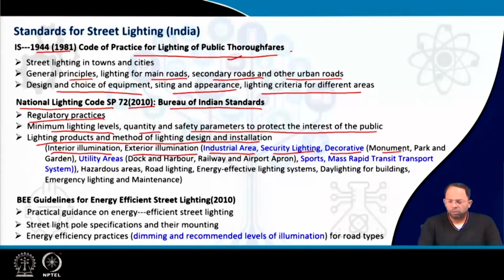Suppose you want to light up a monument or a park or a garden, what sort of lighting needs to be provided. Then utility areas such as docks and harbors, railways, airport aprons, then sports stadiums, mass rapid transit systems, hazardous areas, then road lighting, energy efficient. Then how do I replace current lighting with energy efficient lighting? What should be the way we measure it? Those are covered over here. Daylighting for buildings and emergency lighting and maintenance.